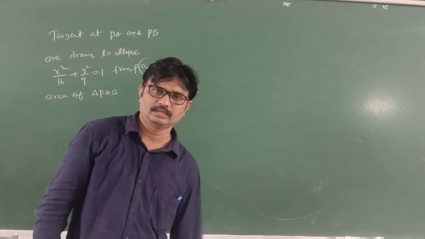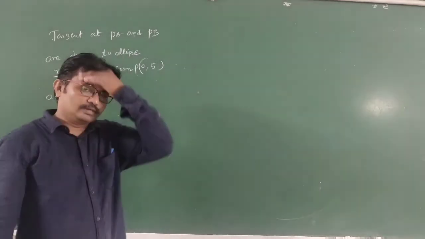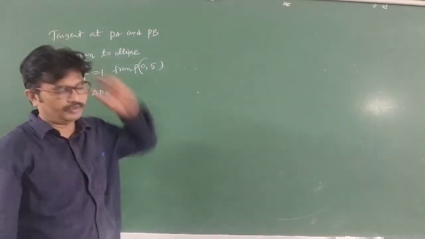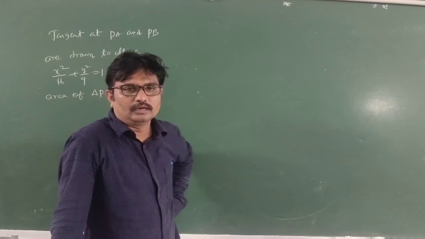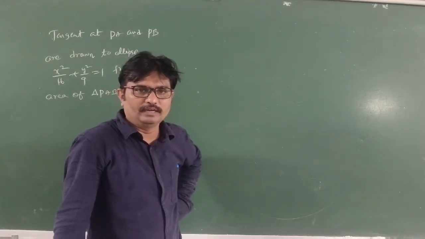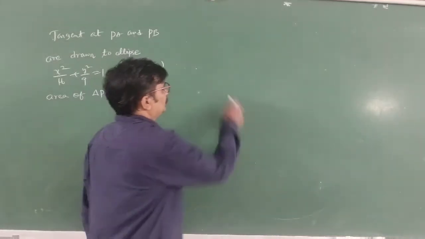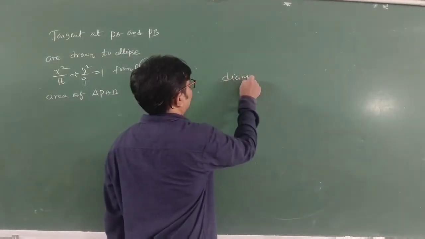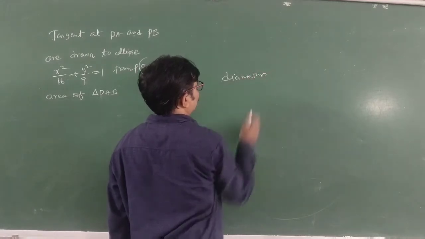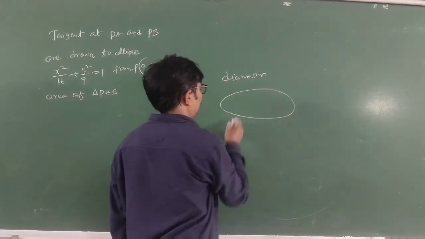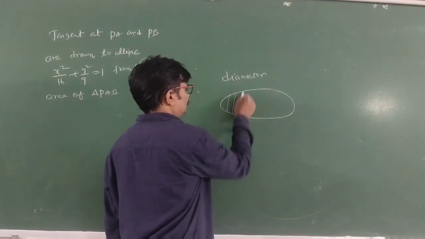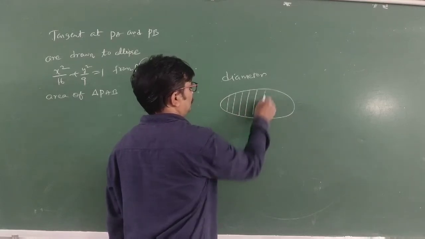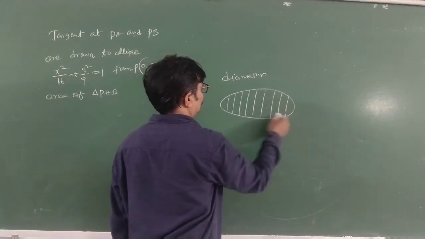But in the reference books, if we verify any reference book, the concept of diameter is there. Diameter means these are parallel chords. So these are all parallel chords.